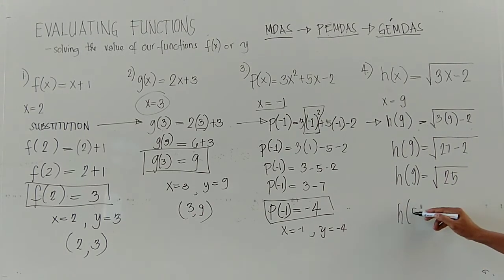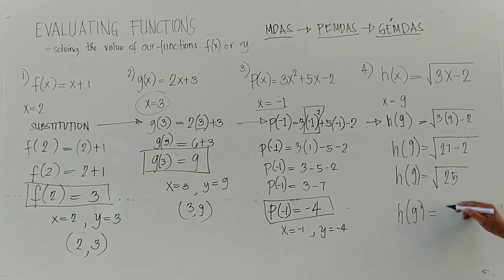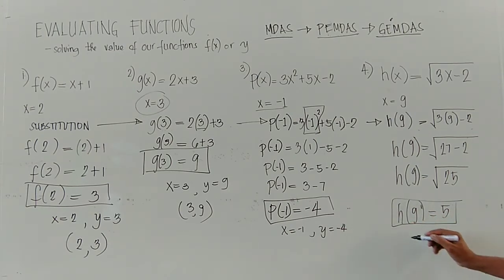Then 25 is a perfect square. So the square root of 25 is 5. So h of 9 is equal to 5. We can conclude that x is equal to 9 where y is equal to 5. So very easy and simple. So that is how to evaluate functions.